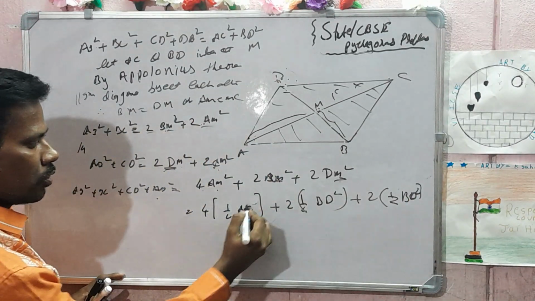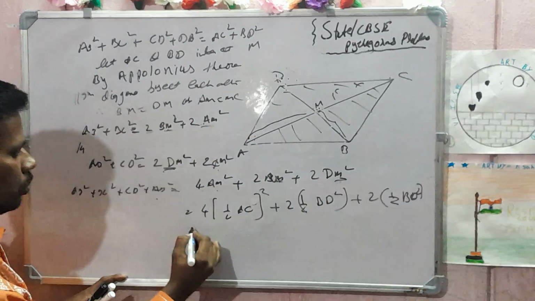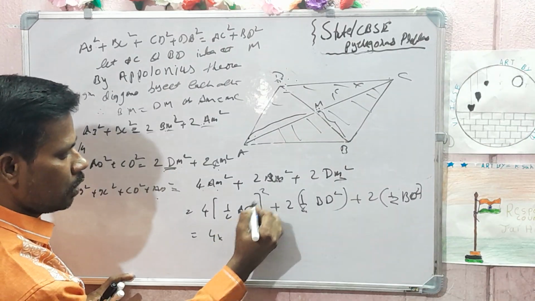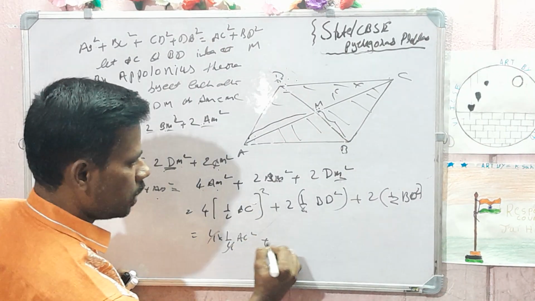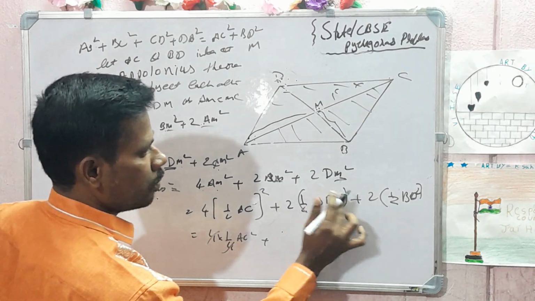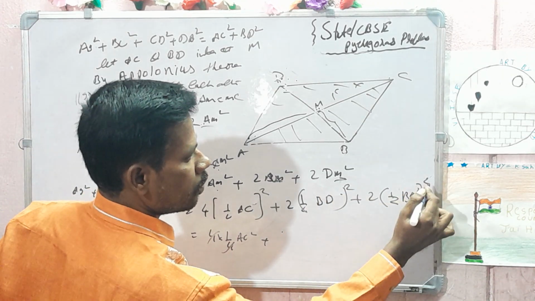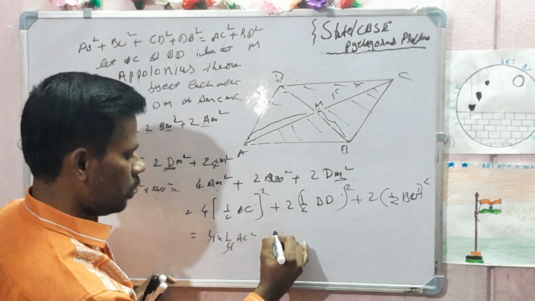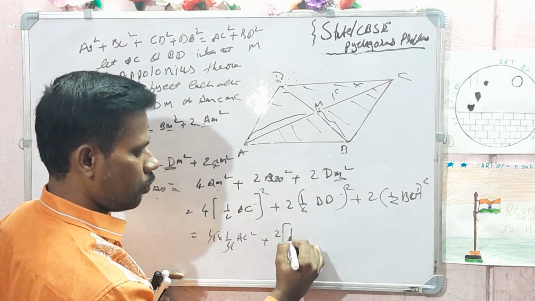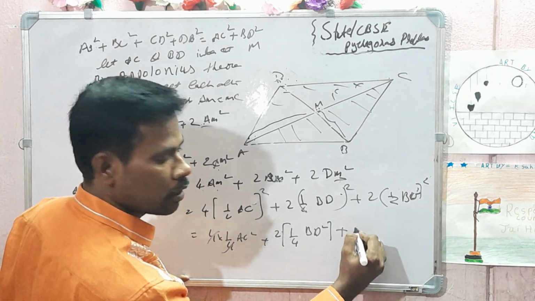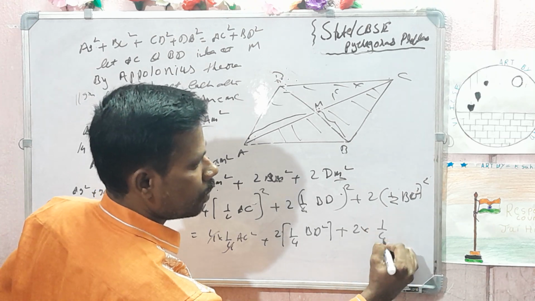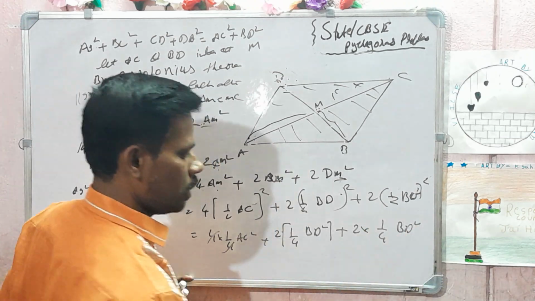So we are near to the solution. So this is nothing but 4 into 1 by 4th AC square. 4 will get cancelled. Next, here 2 into 1 by 4th BD square plus 2 into 1 by 4th BD square, right?